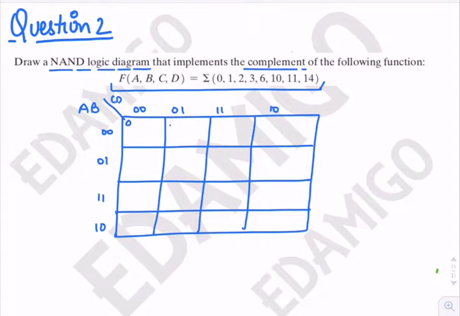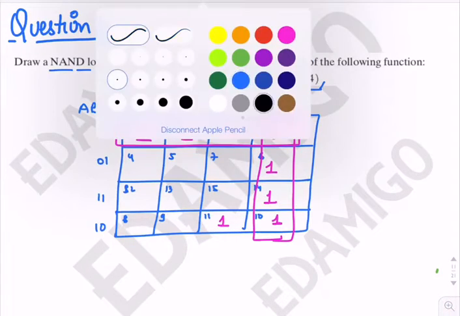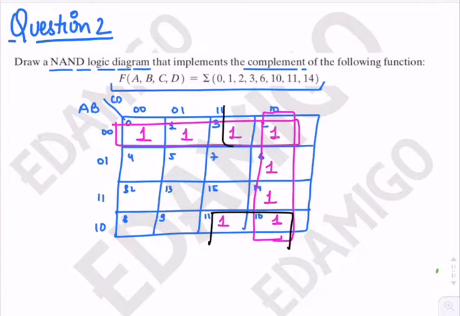So 1 is there, 2 is there, 3 is there, 6 is there, 10, 11 and 14. We can see this is the first term which we'll get, this is the second term, and the third term by combining these four squares.